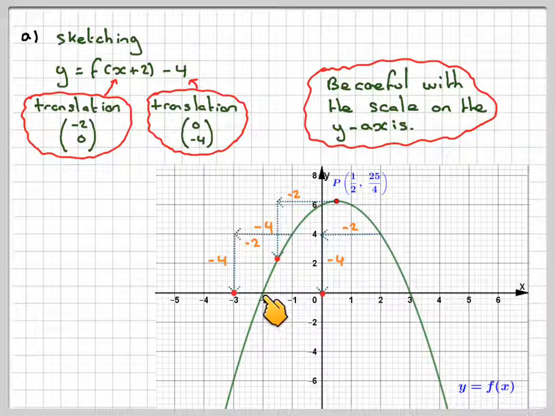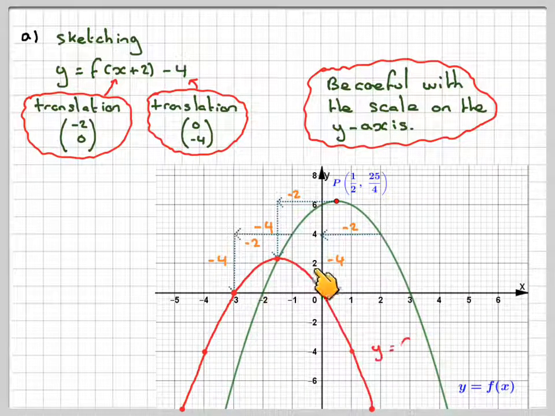We could move the original roots as well, 2 to the left and 4 down, and again, some other points. Then we could join that up, and this will be a graph of the translated function.